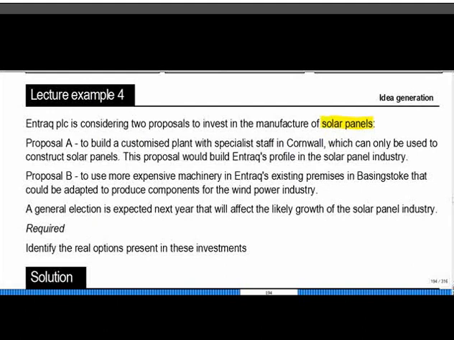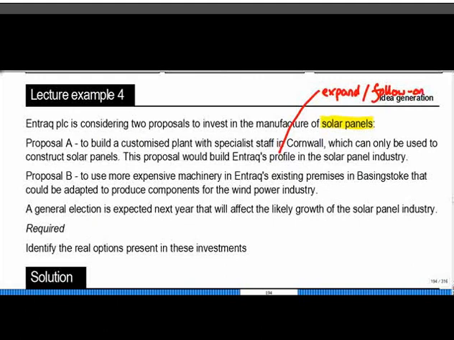It would, however, build your profile, and if it's helpful in building a strong brand name, it could mean that you've got the option to expand or to follow on. So the option to follow on is present in that proposal.